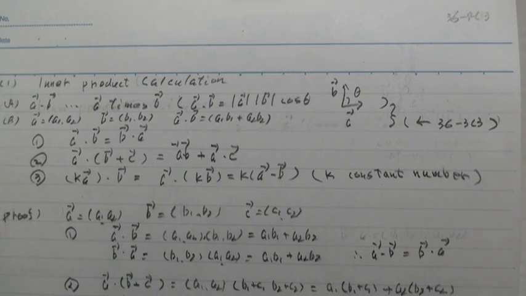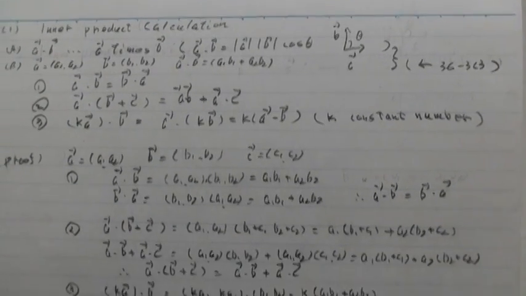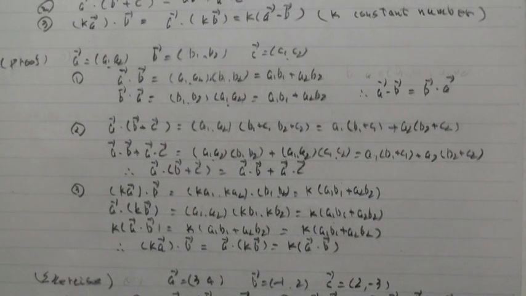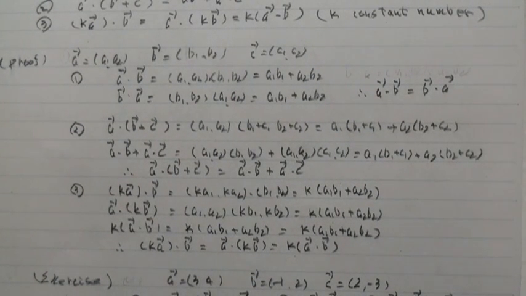And proof. Vector A has components A1, A2, vector B equals B1, B2, vector C equals C1, C2.